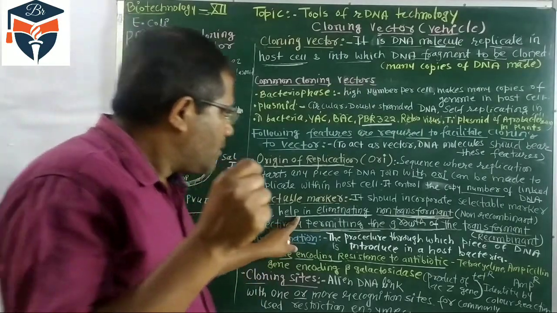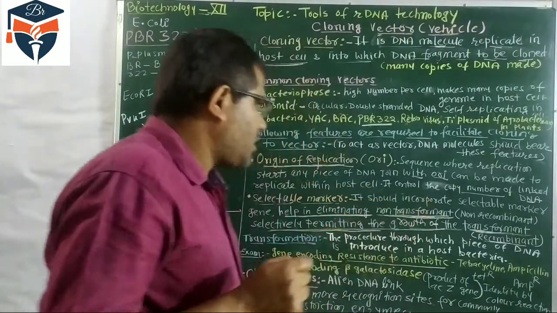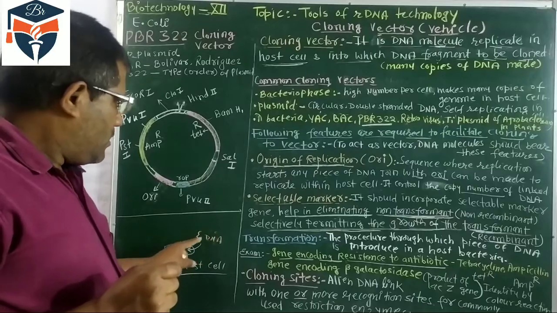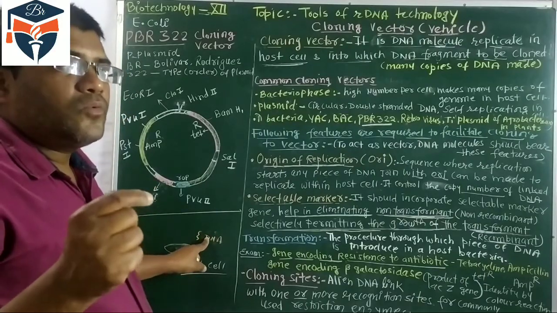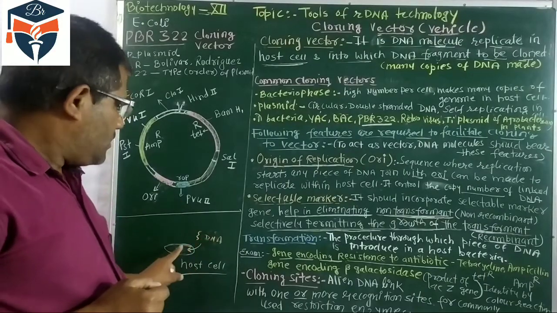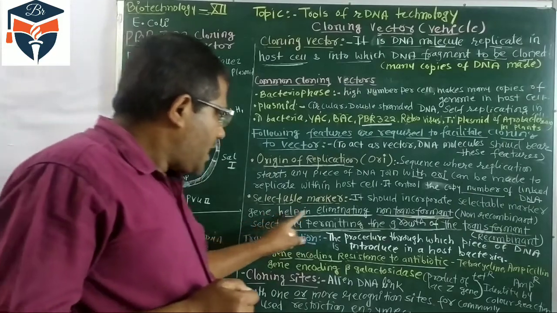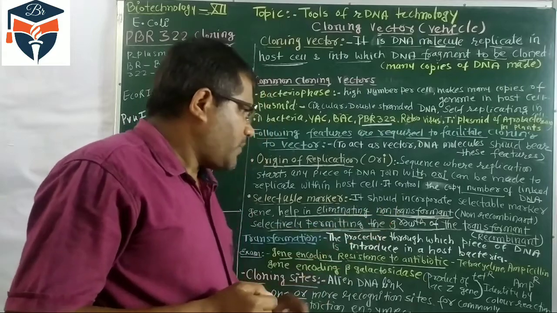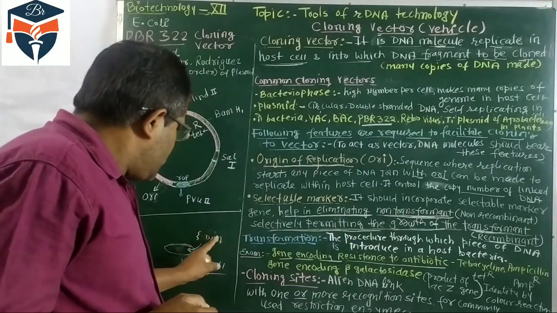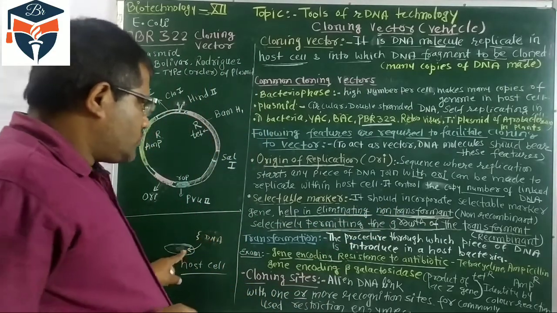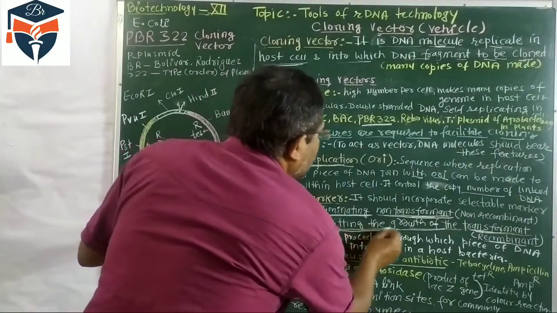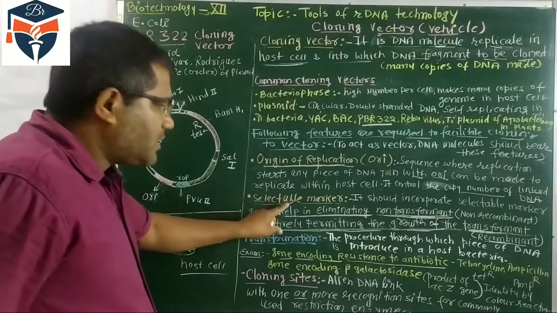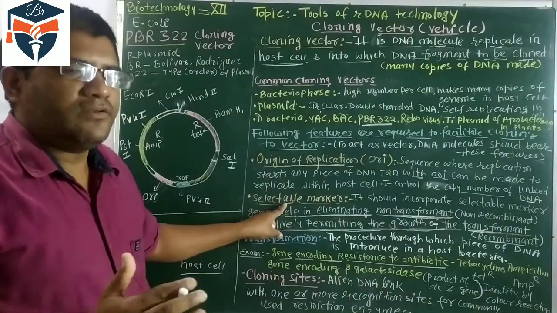So those cells which are non-transformant are not allowing the DNA to enter, or they are not efficient to introduce the DNA into the host cell. So they are eliminated, and they are called non-transformant. And if DNA is introduced in the host cell, it selectively permits the growth of the transformant or recombinant.